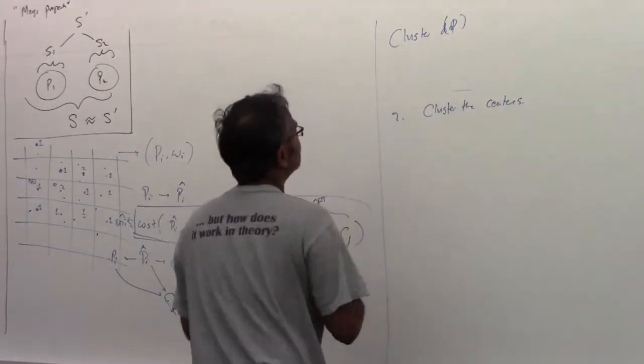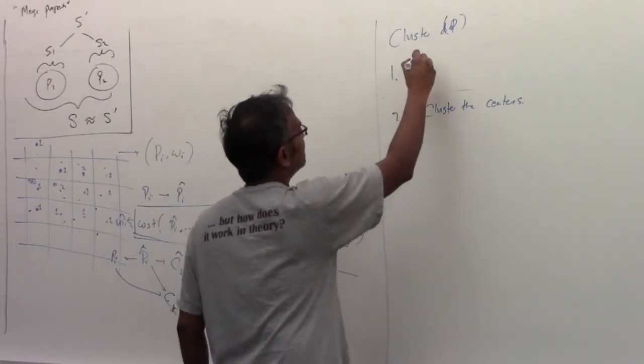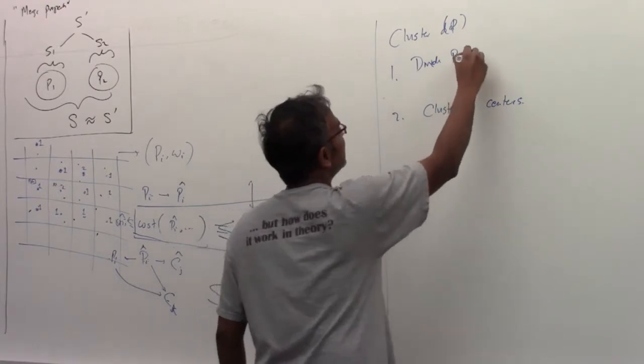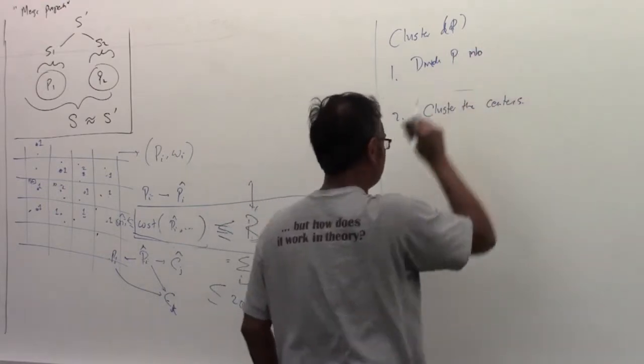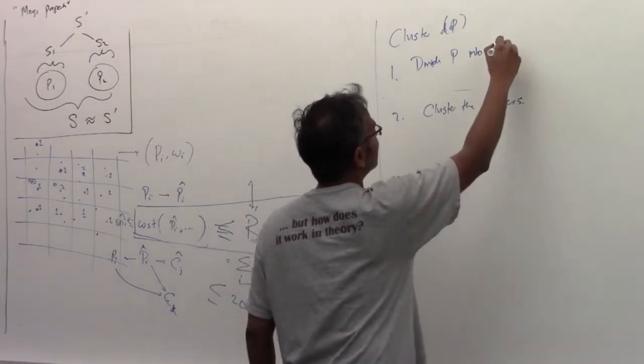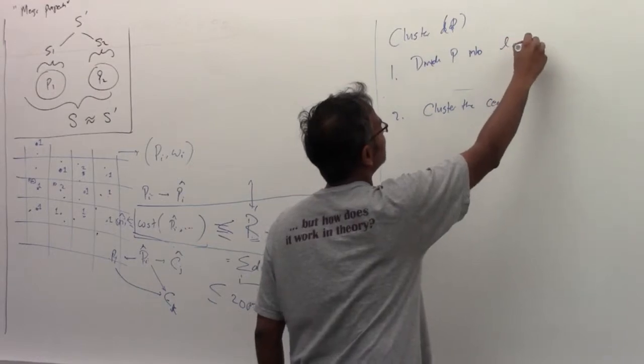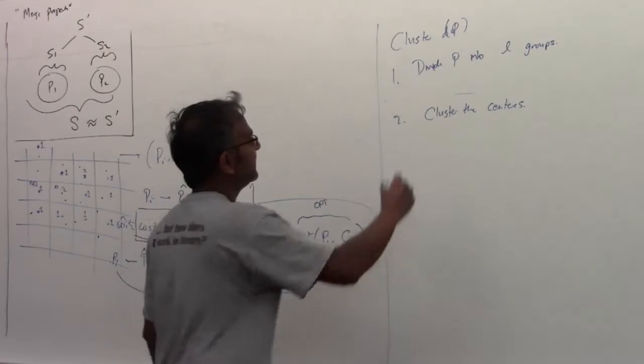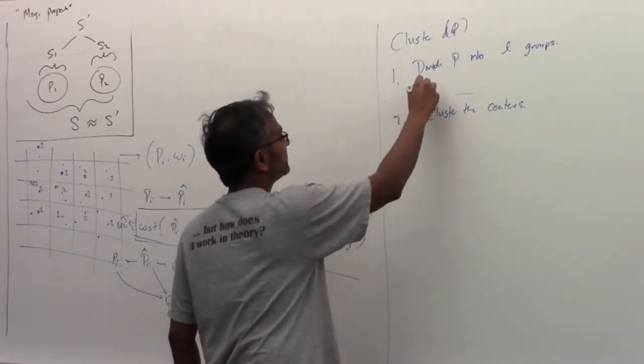It's going to say instead: divide P into, say, L groups. Okay? Cluster each group.